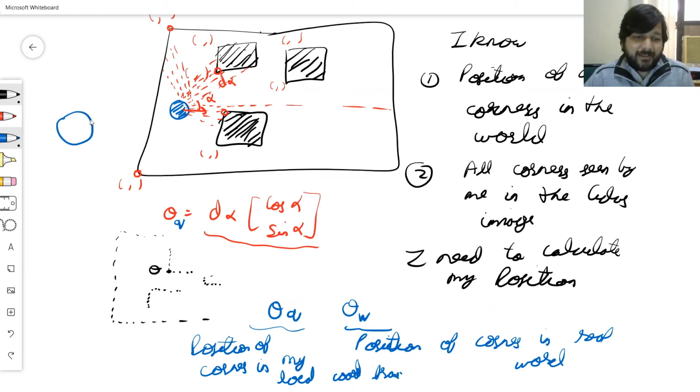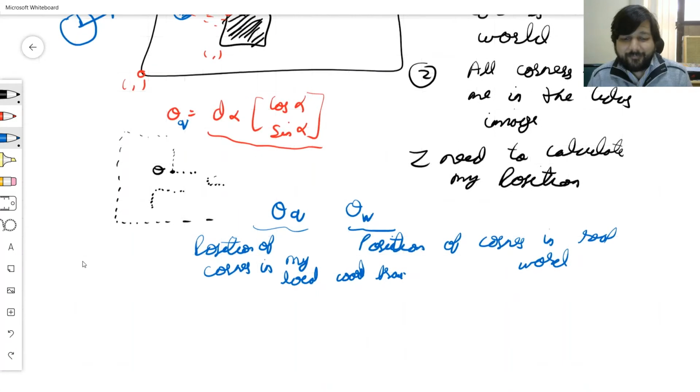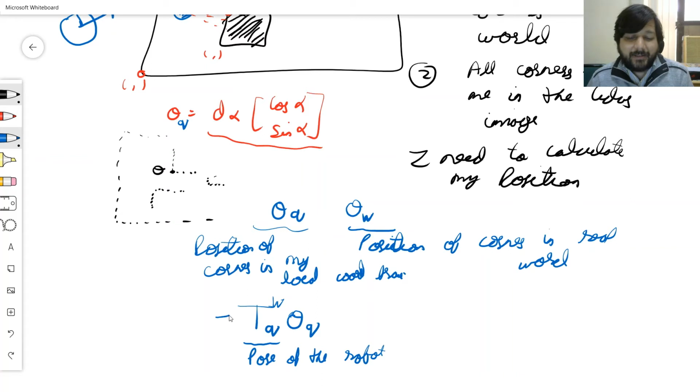So if at any general point this is a robot, this is what the coordinate frame is. And of course, I do know this is the corner in my local coordinate frame. I multiply with a transformation from world to my local coordinate frame, which is nothing but the pose of the robot, and this should be equal to O in W. I know this, so I can calculate this.